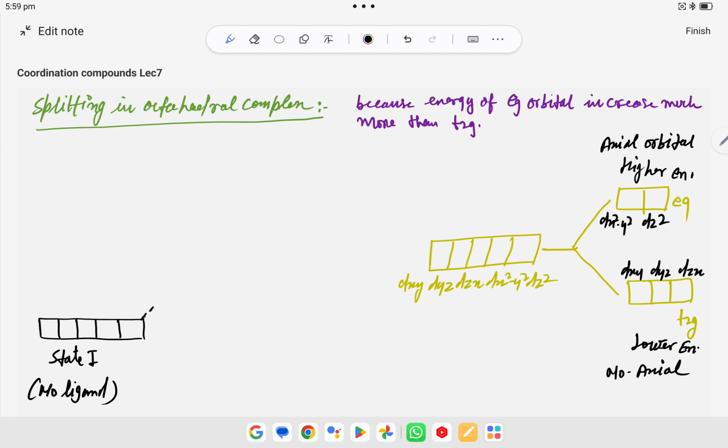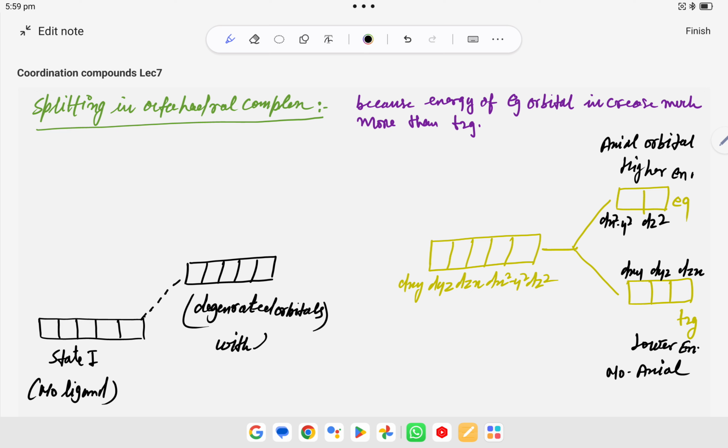Then 5 degenerate orbitals, degenerate orbitals with ligand. That is your state 2.